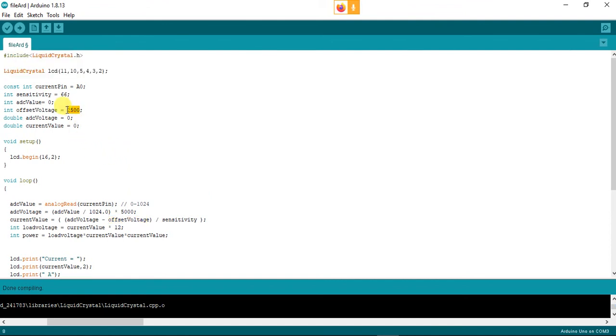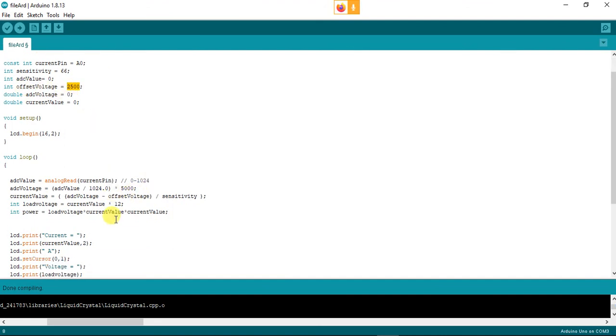and 2.5 volt is 2500 in millivolts. And when we need to calculate the current, we need to divide the voltage by the sensitivity. Sensitivity is the internal load resistance in our current sensor. When we use the ACS712 current sensor, it can measure current up to 30 ampere.